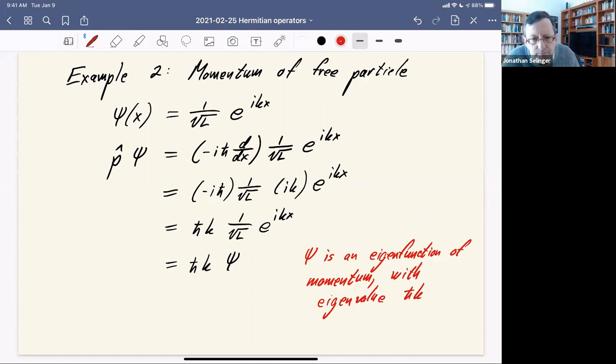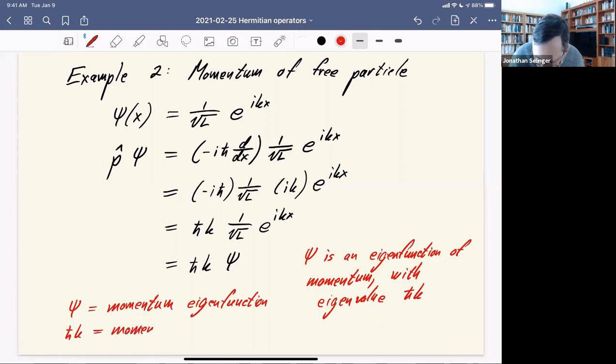Or in other words, psi is a momentum eigenfunction, and h bar k is the corresponding momentum eigenvalue.